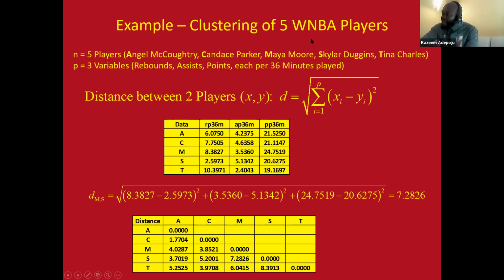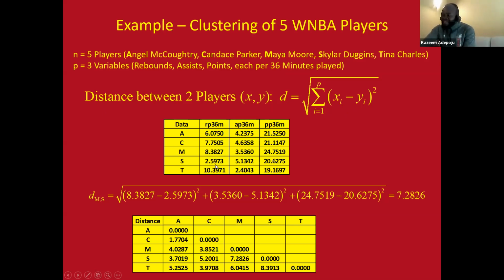Since they are basketball players, we are going to use rebounds, assists, and points, each per 36 minutes played. For us to do that, we have to calculate the distance between the players.